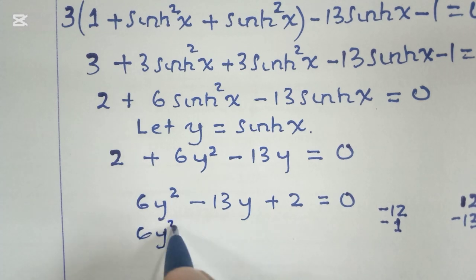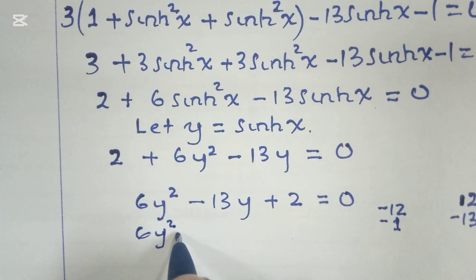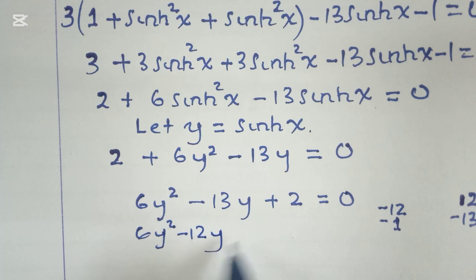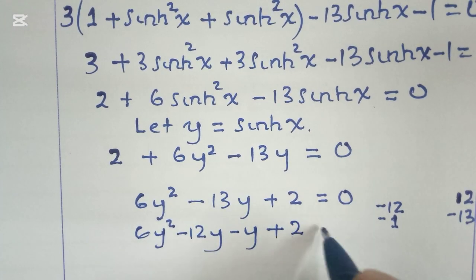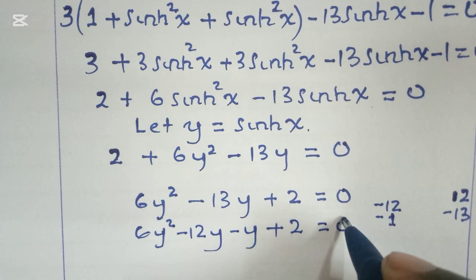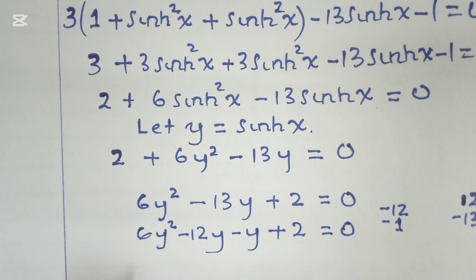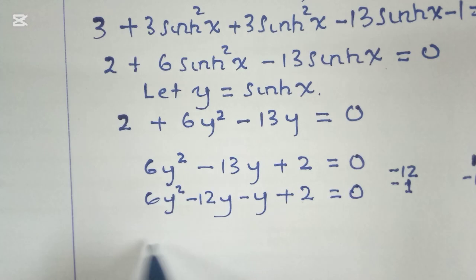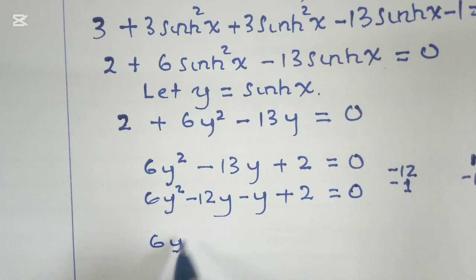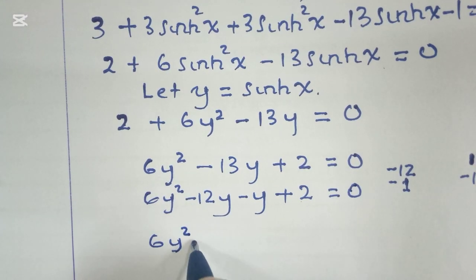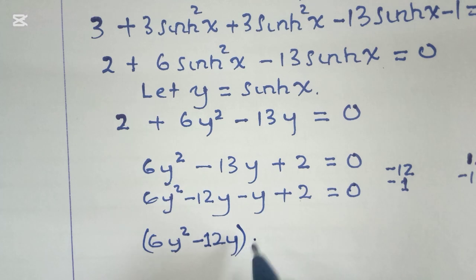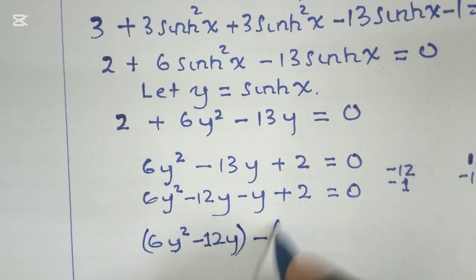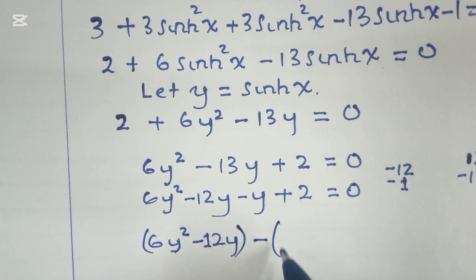6y squared, so we say negative 12y negative y plus 2 equals 0, like that. We can now divide this into 2 by writing 6y squared minus 12y, divide that, we put a bracket there, and then we put another bracket here.